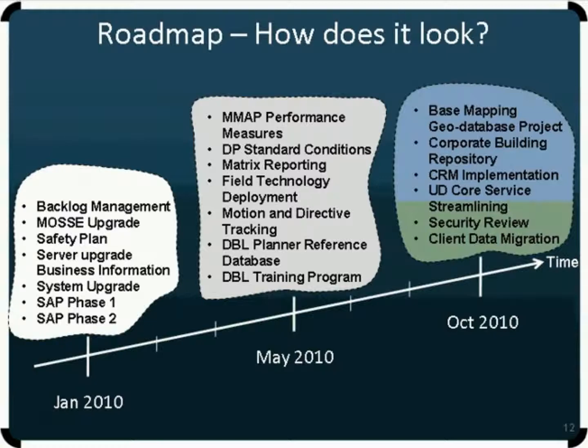In January 2010, according to this roadmap, we have a number of services ranging from backlog management to SAP Phase 2 service, and the same way we have then follow-up services in May 2010 and in October 2010. So what you can imagine is that this result of a road mapping process is a selection of services from a much larger set of services you typically consider. So the same for product features.